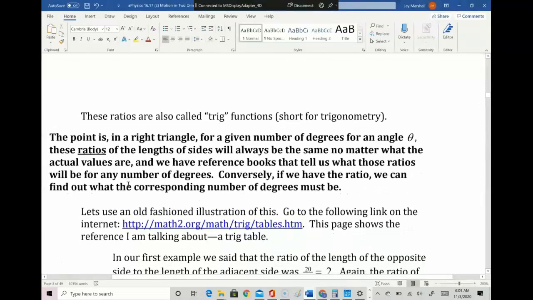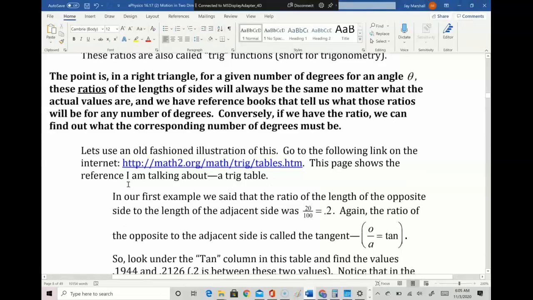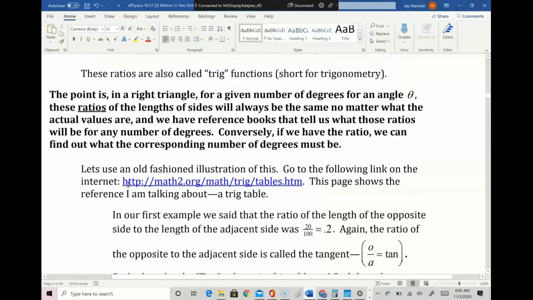So what we say then is that these ratios are called trig functions, and this is short for trigonometry, the measurement of trigs, or trigons. Point is that in a right triangle, and this is where that comes from, right? Triangle, trigonometry.